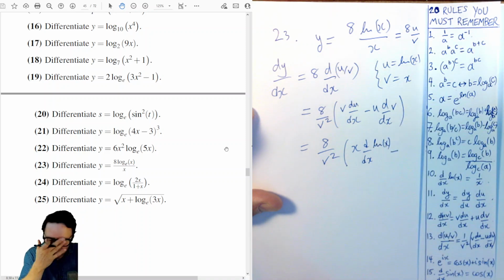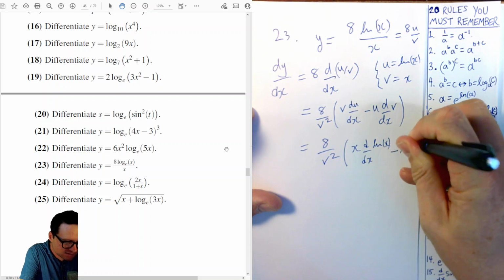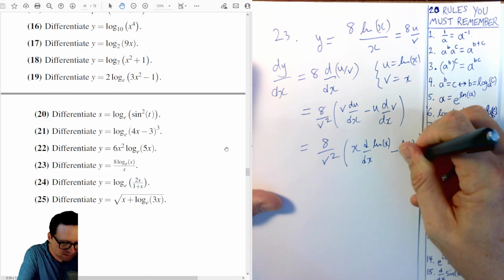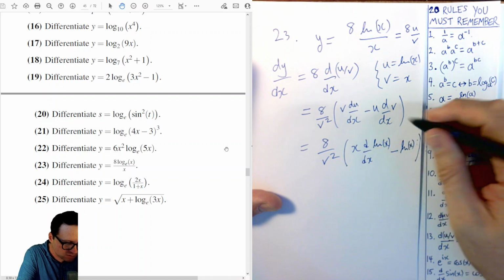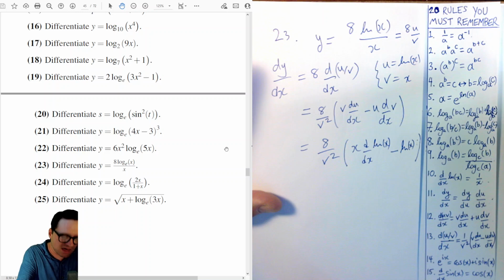And then we swap those around and subtract. So minus ln x d on dx of v. But I'm running out of space here, so dx on dx is 1, and I'll just leave that out.